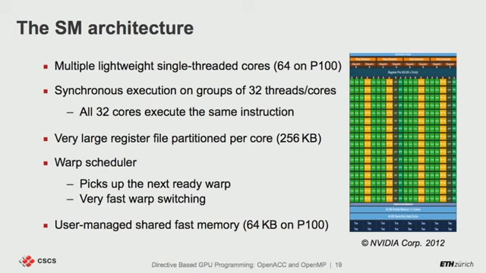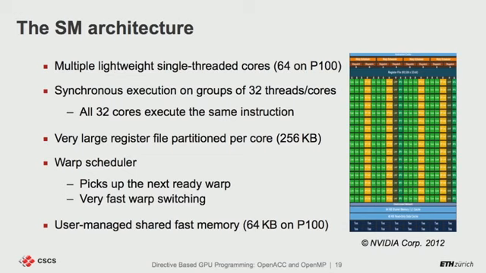Here, you can't do that, because then you would have to do a real context switch, and you don't want that. So for this reason, every little core here should have its own set of registers stored physically on the SM. That's why there is this very large register file.